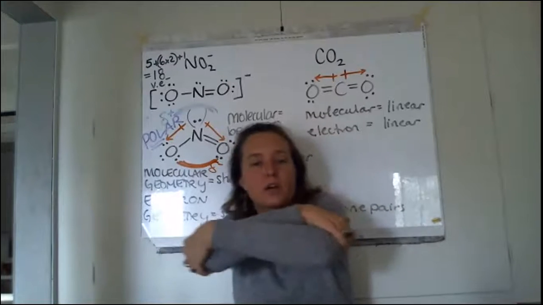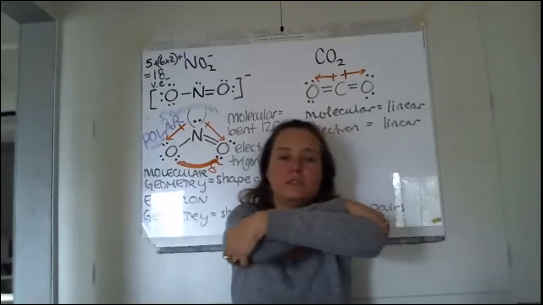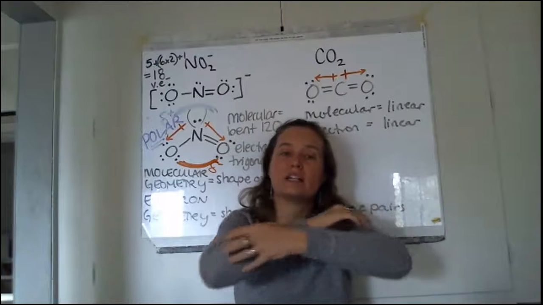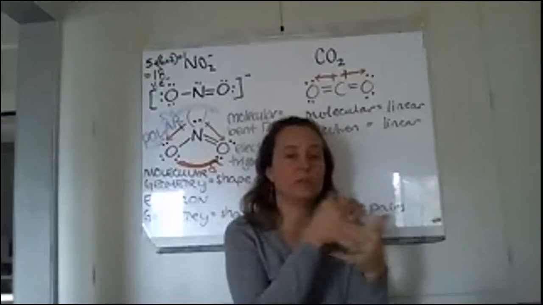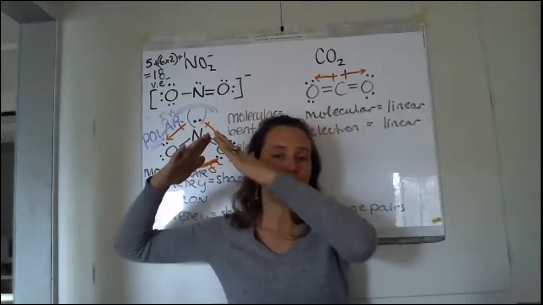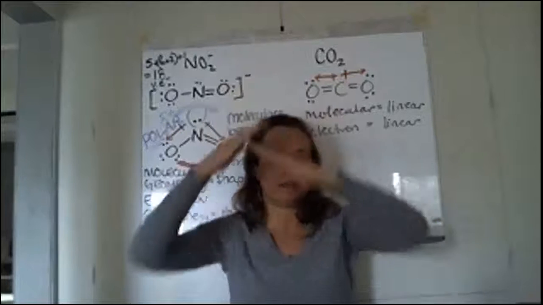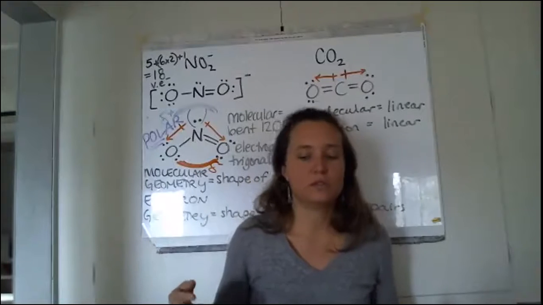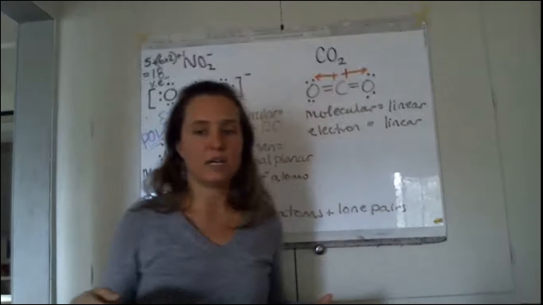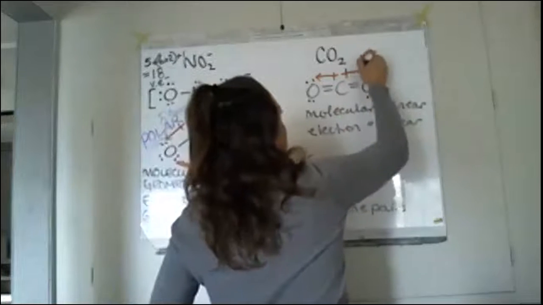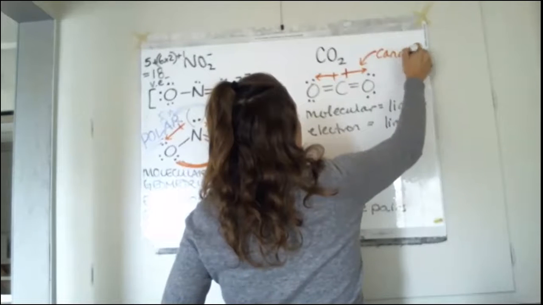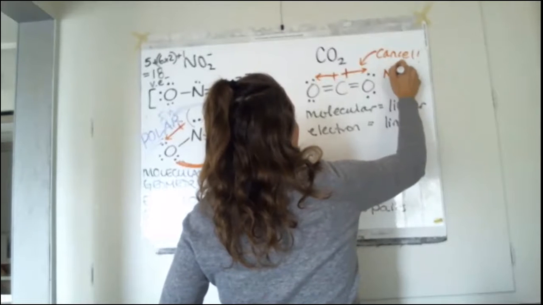I'm not adding up. So I don't have more electron density on one side of the molecule than the other side. Whereas here, they add up together and have an overall electron density separation. But here, they cancel. So this is nonpolar.